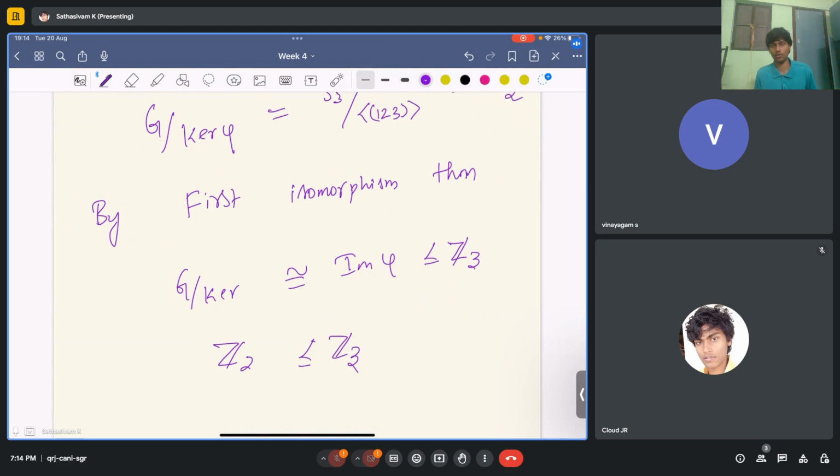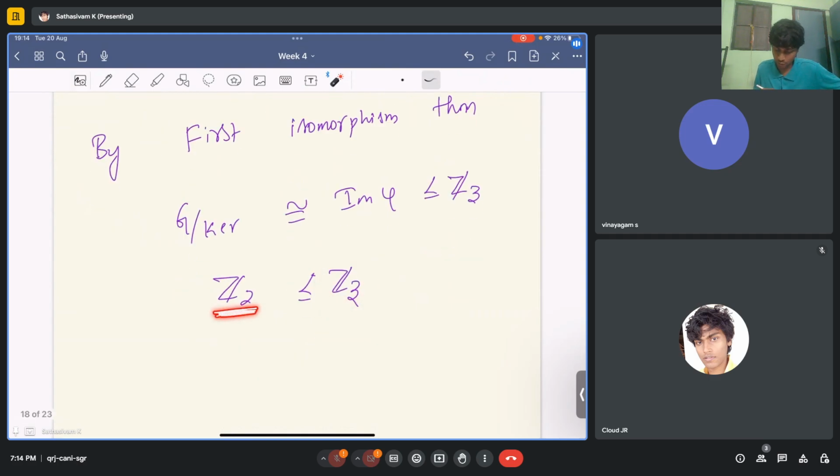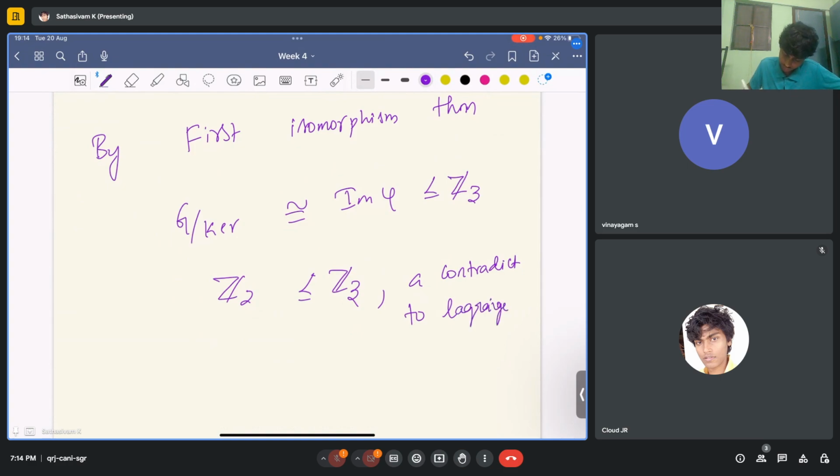Well, this is not possible, right? Because this is a cyclic group of order 3 and this is a cyclic group of order 2. This is a contradiction to the fundamental theorem of cyclic groups, or you can see it as a contradiction to Lagrange's theorem.